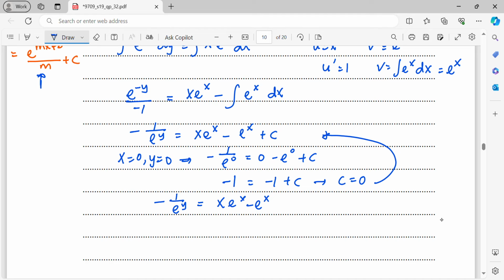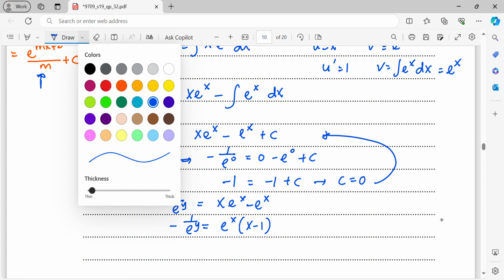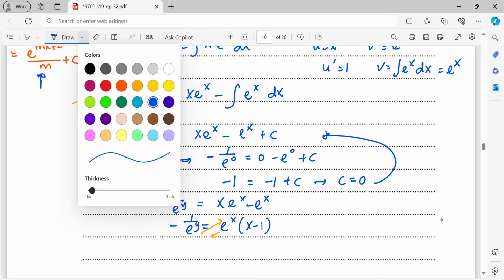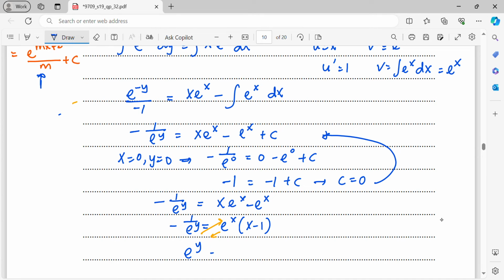But before you move up, on the right side you can factorize e^x, then here x minus 1. Then the e^y moves up and the e^x moves down. So here I will be getting e^y equals negative 1 over e^x bracket x minus 1.